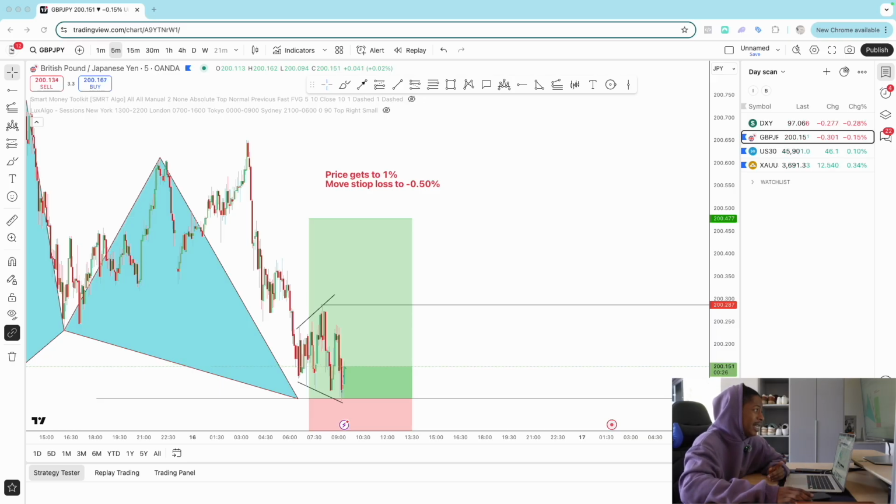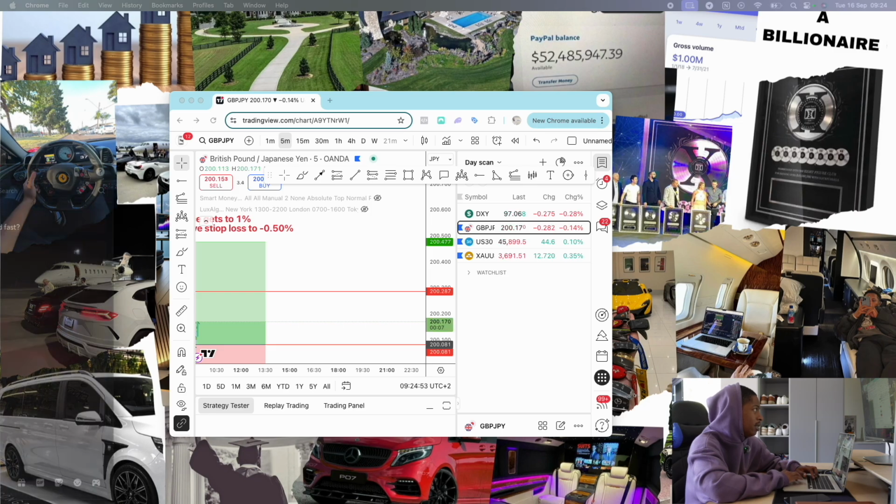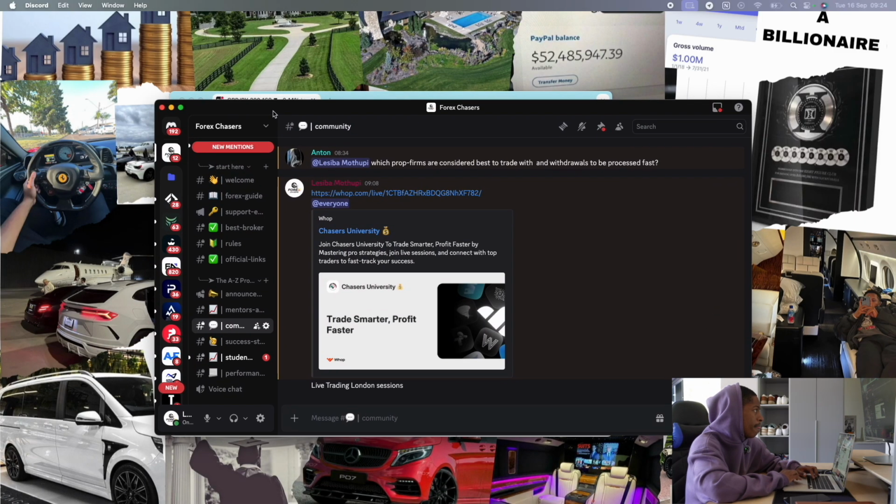Truly speaking, I wouldn't say there's the best. There's ones out there that have been in for too long. Let me just look at the groups that I am in on the firm mode, because I had to join some groups in order to see what actually is working. And I wanted to see payout stuff and all those things.